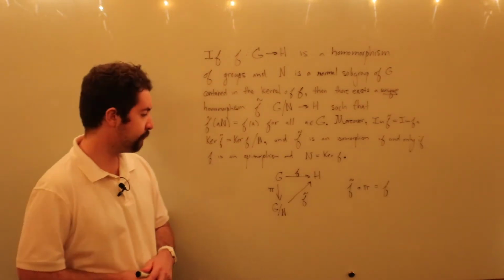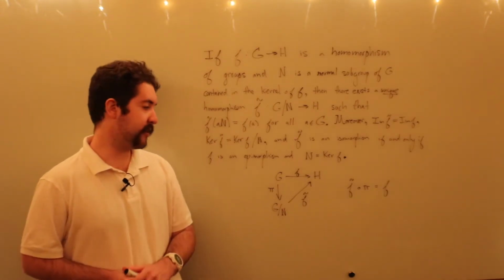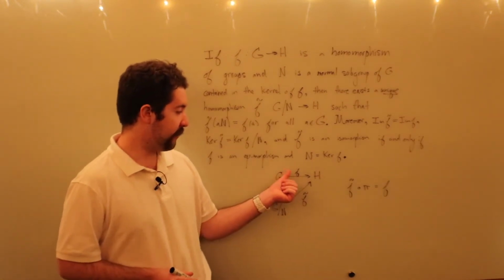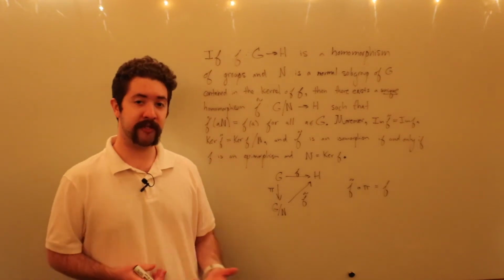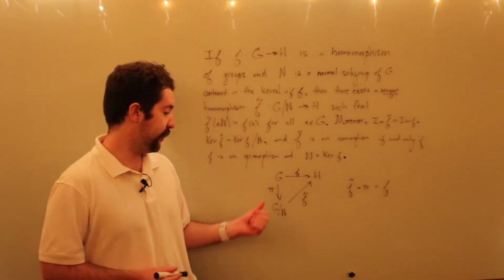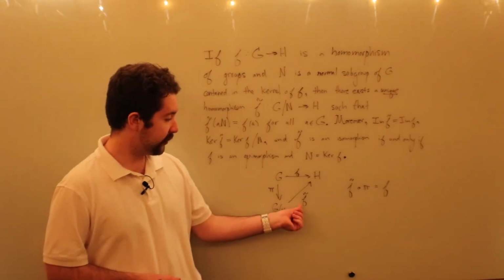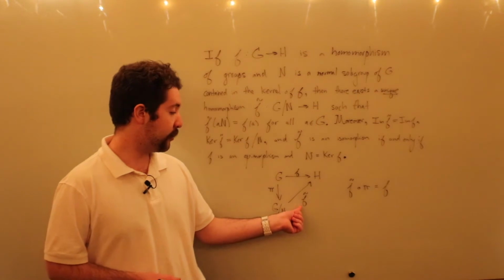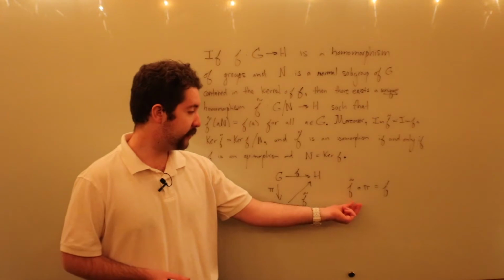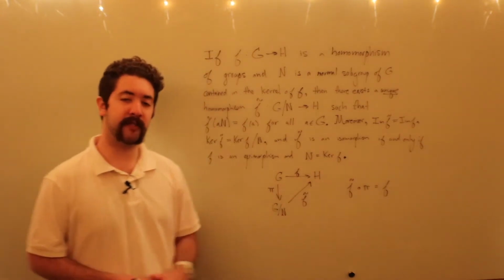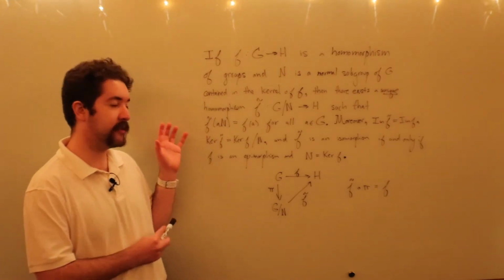And then we had this diagram which helped us understand exactly what this theorem is saying. Given F, a homomorphism, and given pi, which is the canonical projection map, which we also showed is a homomorphism, in fact an epimorphism, then there exists a unique F tilde, which is a homomorphism from the quotient to H, such that F tilde composed with pi is equal to the map F. Now I cannot understate the significance of this theorem.